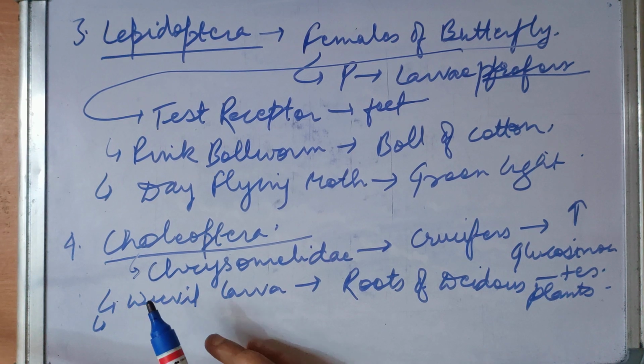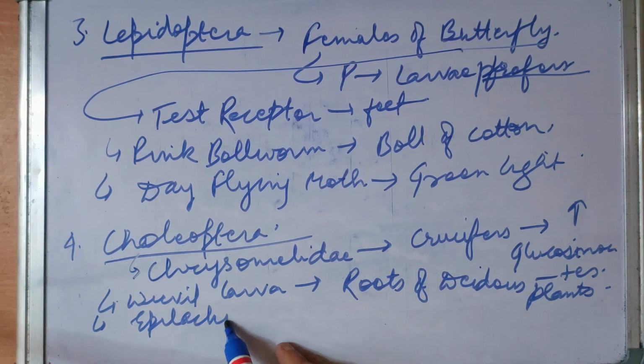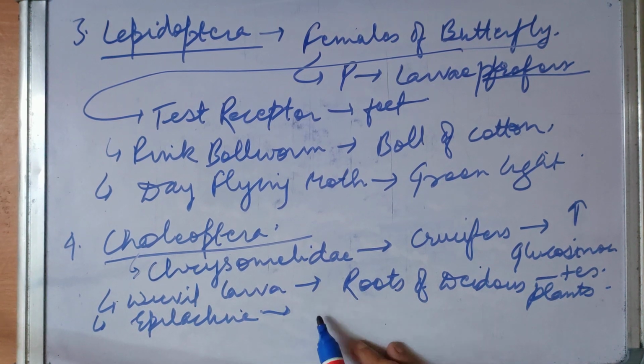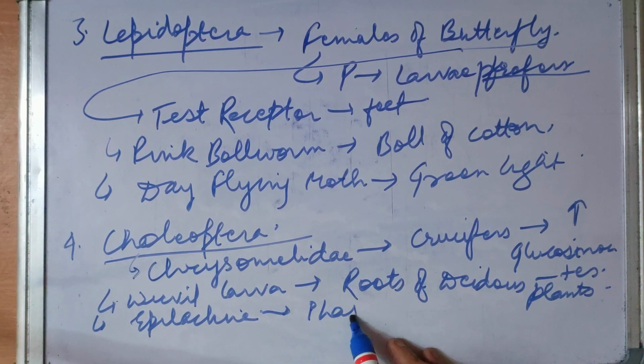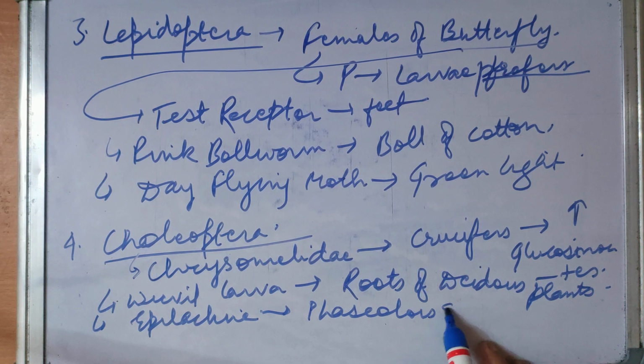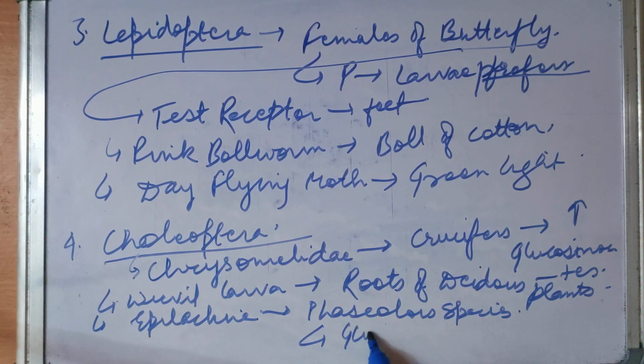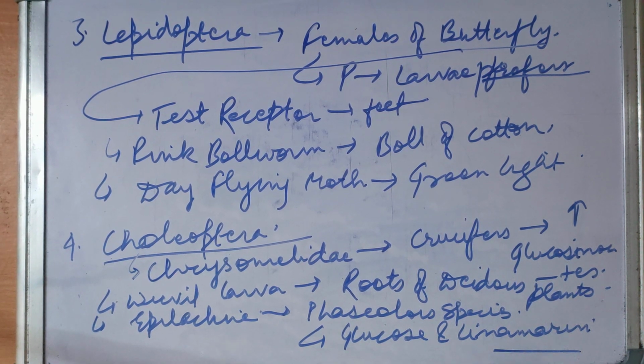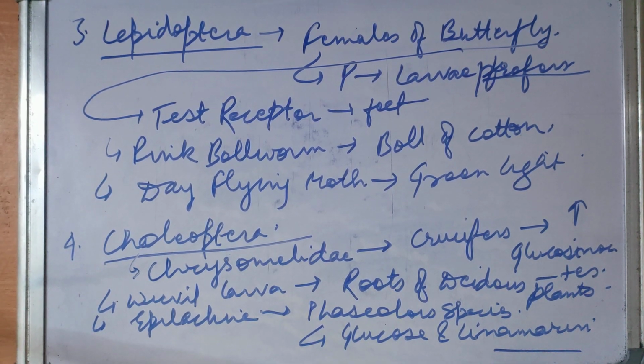Next, Epilachna feeds on Phaseolus species due to glucose and linamarin. So this was Coleoptera.